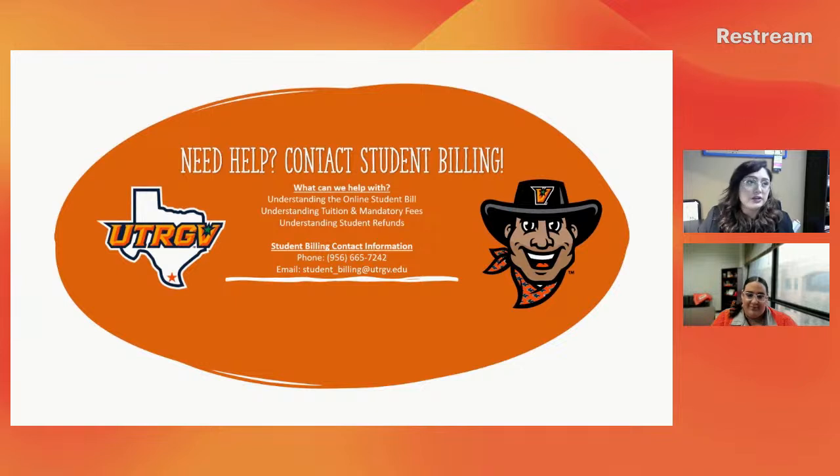So if you're going to get a refund, if you're expected to, if you have any existing credits, our team can definitely help with that. A lot of it does have to do with financial aid, so from time to time, we might need to refer you to a department that specializes in those particular questions, but we'll definitely do our best to help guide you in navigating into understanding your bill and what you need to do next.